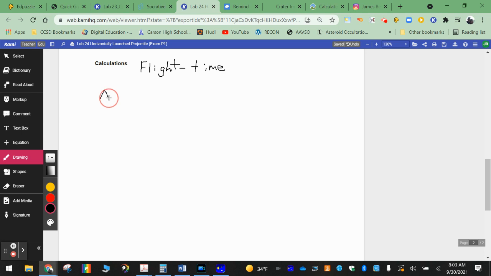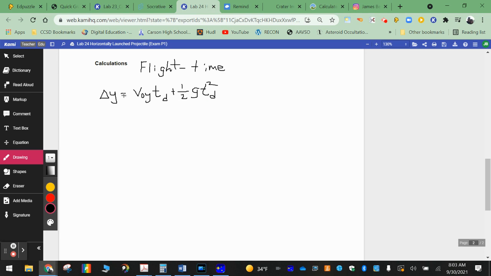So we have delta y equal to VOY times the time down, plus 1/2 G times the time down squared.